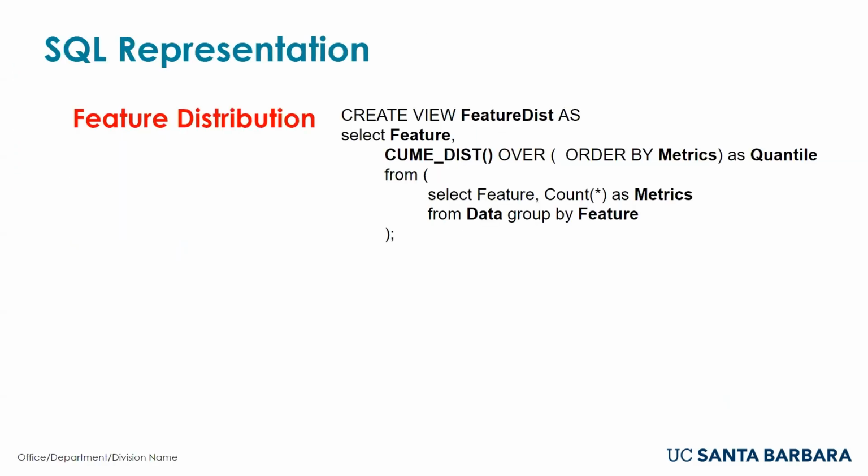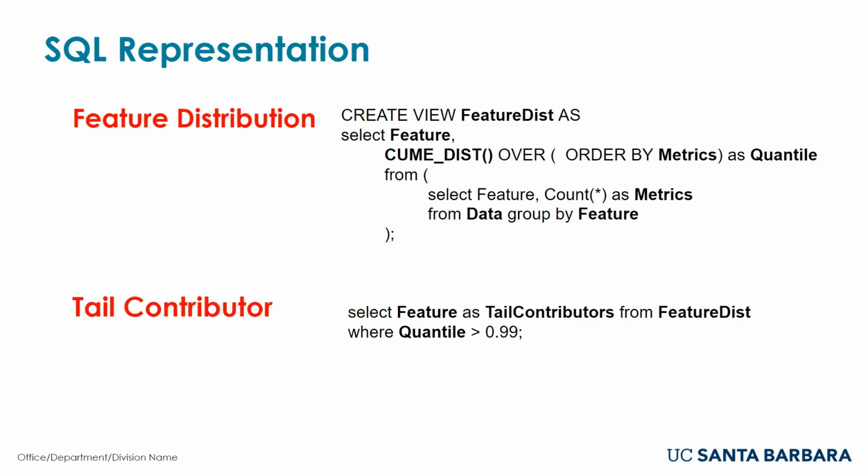To represent feature distribution in the database context, we can rewrite it in terms of SQL, where feature distribution is essentially the cumulative distribution over the metric.